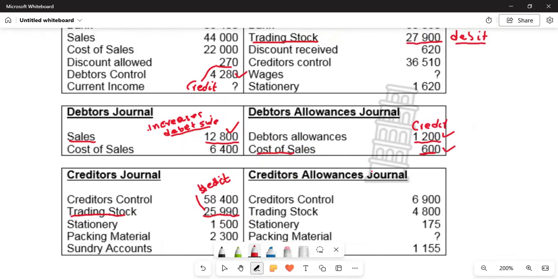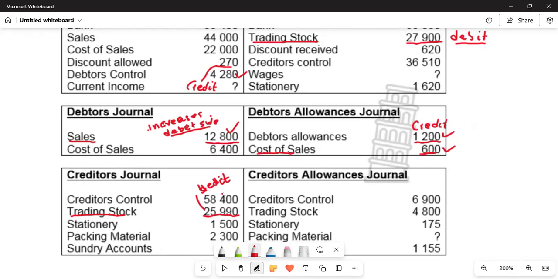So it goes on the debit side, because expenses are treated on the debit side. So debtors allowance, customers returns: stock is put back. So this increases stock, and we debit trading stock.